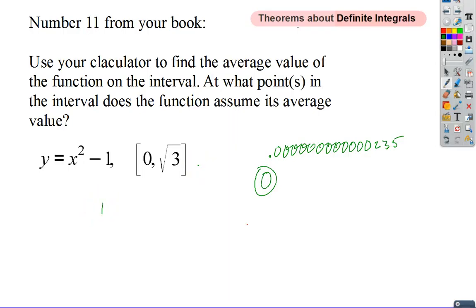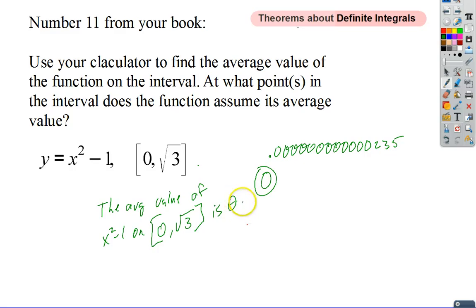So you can say the average value of x squared minus 1 on that interval is 0. Not theta, 0. f of x is 0 at x equals negative 1 and 1.